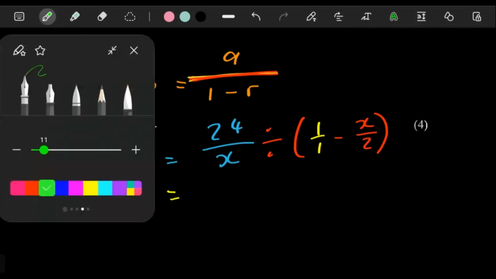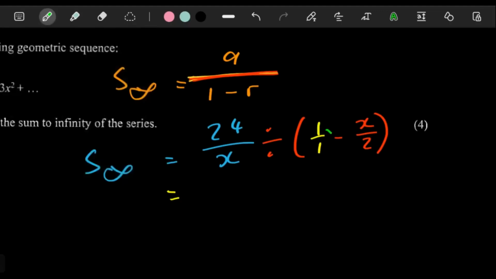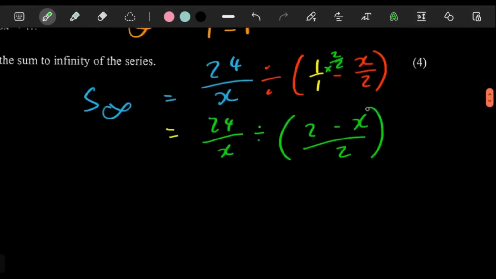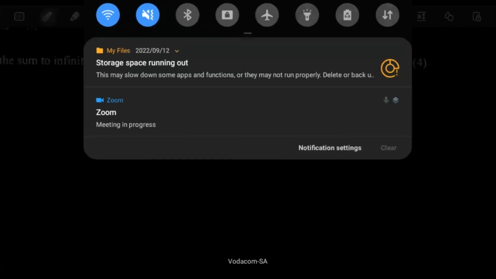The LCD is just going to be a 2. So you see here, times 2 over 2. Meaning in that bracket here, you're going to have 2 times 1 is a 2. The denominator is just a 2. So now that you have one fraction, it has the same denominator, you can now flip it over and then multiply.